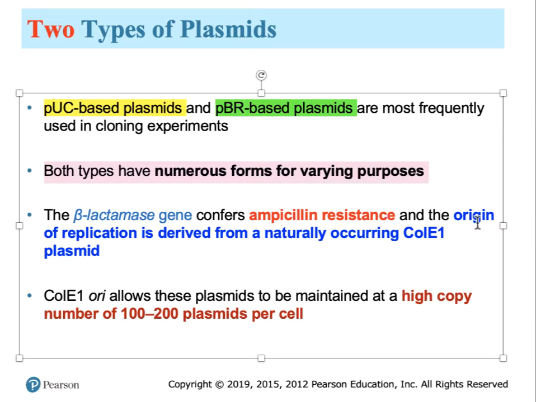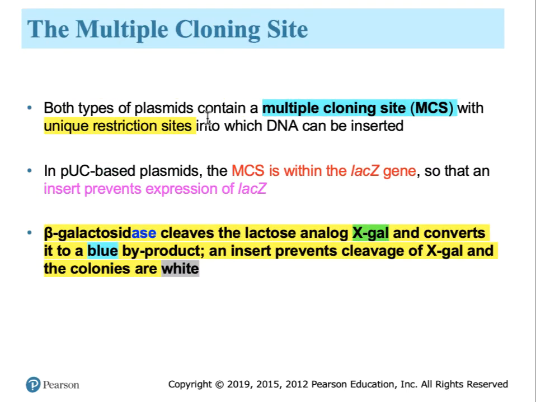In addition, the origin of replication has been derived from a natural plasmid called ColE1. And the ColE1 origin of replication allows these plasmids to be maintained at a very high copy number per cell, between 1 and 200 plasmids in each cell. So that process in itself will amplify your fragment if that plasmid contains it.